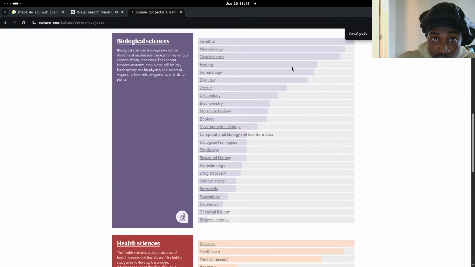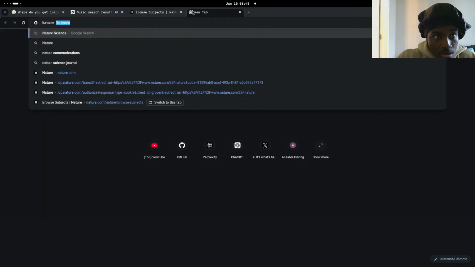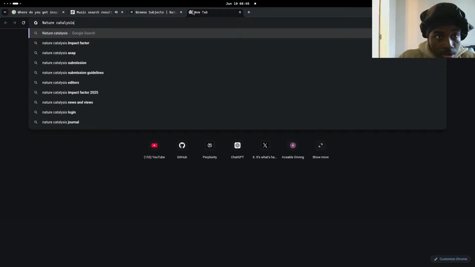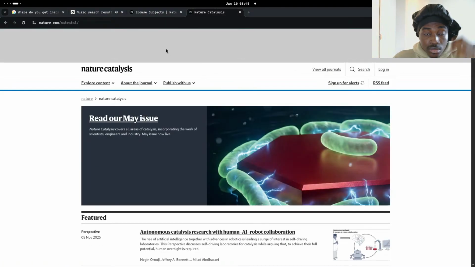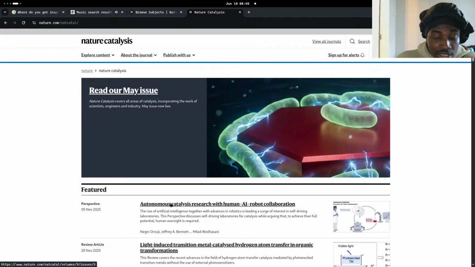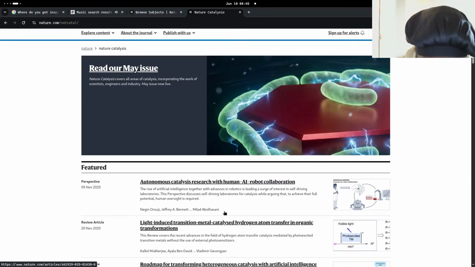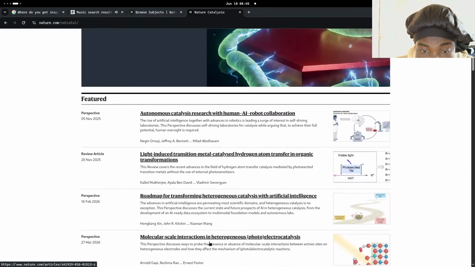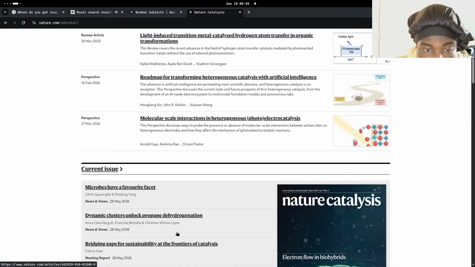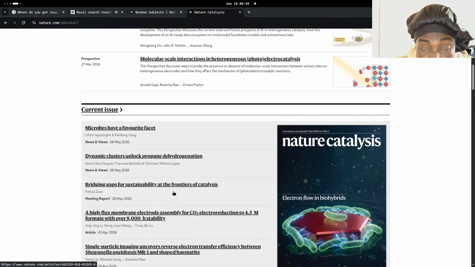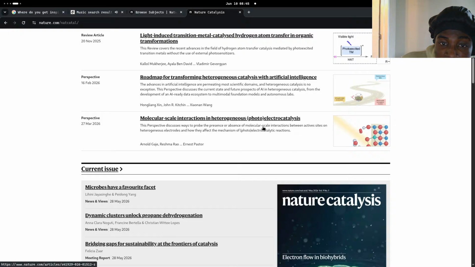That's crazy, there's no catalysis yet. Let me see. Nature.com/NatCatal. Alright, featured review article, perspective: Molecular scale interactions in heterogeneous photoelectric catalysis.